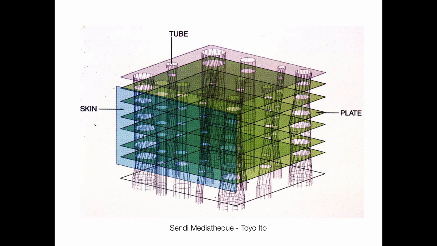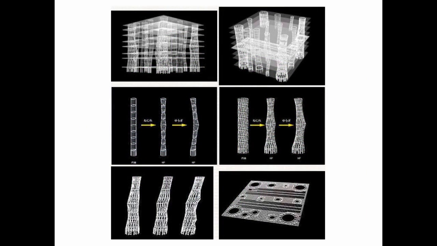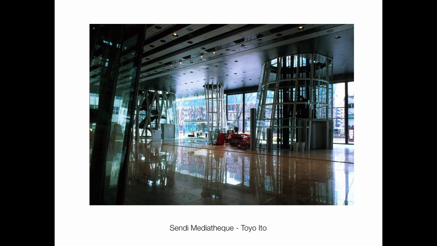And we have the tubes that punch through. So we have three primary elements that make up this building, right? And then we move into diagrams about how these really work from a structural standpoint, how they were created, how they were deformed, etc., how the floor framing works, additional examples, and then let's look at the actual built version.